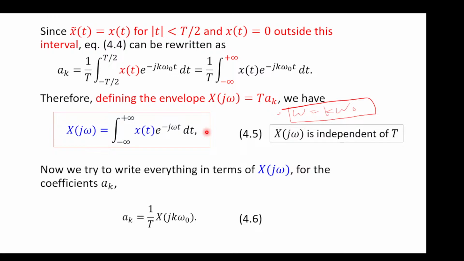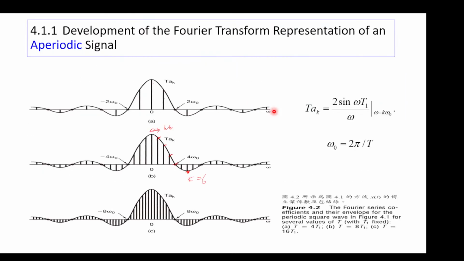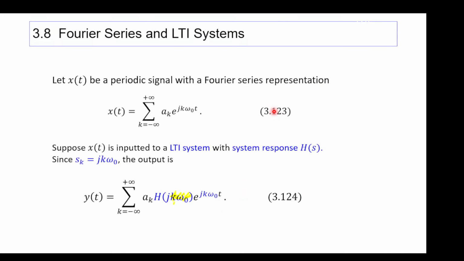Let's do a small digression here. Why do we call this big X of j omega? It is related to the very beginning, where we did filters, and why we call it big H of j k omega naught instead of big H of k omega naught. Because we think of it as a complex exponential, so the argument is purely imaginary.